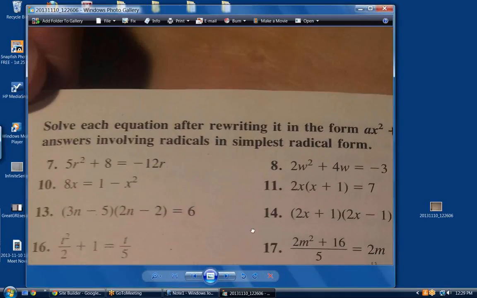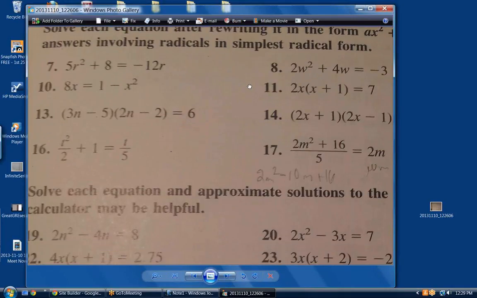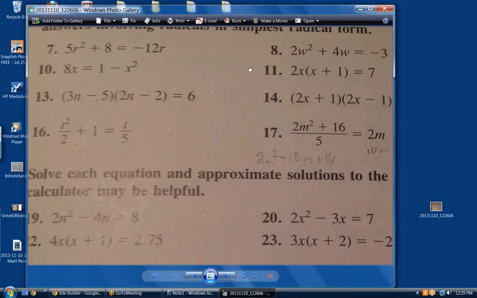What kind of phone are you using to take these pictures? Samsung Galaxy S2 Skyrocket. You know what megapixels your camera has? I believe it is 8. Yeah, it's 8. 8? Yeah, these are pretty good pictures. Yeah.